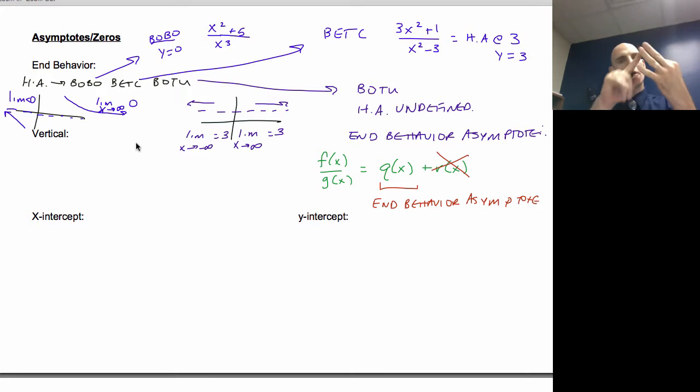So Bobo, Betsy, and Bo2: old. Limits, approaching horizontal asymptotes: old. End behavior asymptote, dividing and taking just the quotient, not the remainder: that's the new part. Vertical asymptotes are formed by the restrictions in the domain.